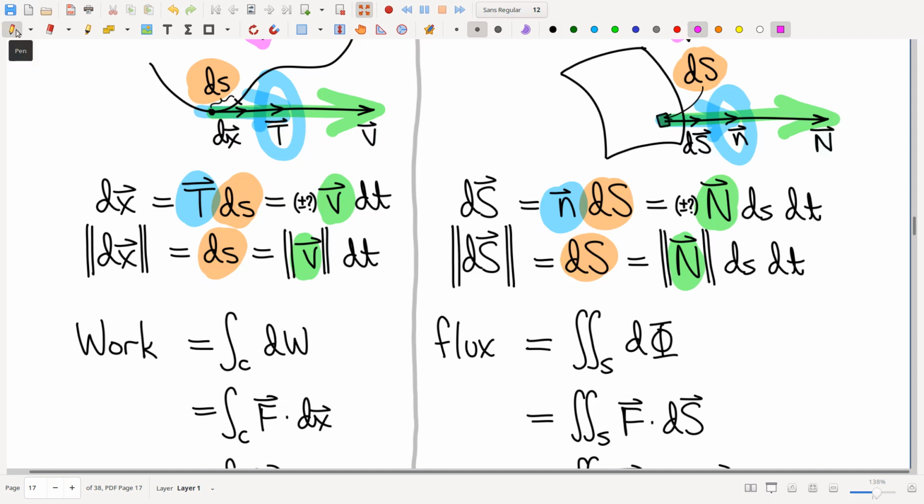Here's the next one. Let's talk about the dx vector versus the ds vector. Both have magnitudes telling you the size. Both have directions telling you the orientation. And both show up analogously in the algebra.